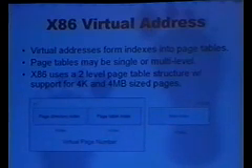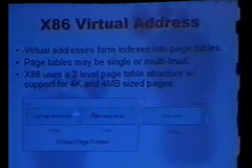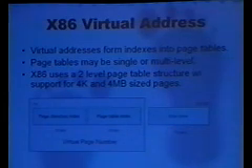There are a number of different schemes for page tables, but you can have a single level page table, or you can have a multi-level page table. As it ends up, the x86 uses a two-level paging structure, which means that it has not only page tables, but it has a page directory.